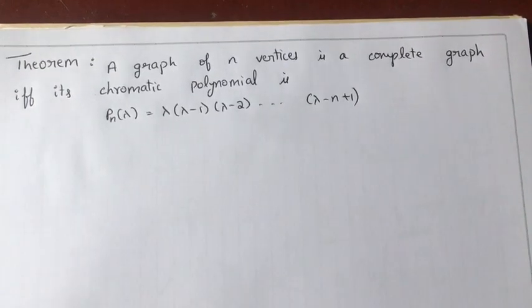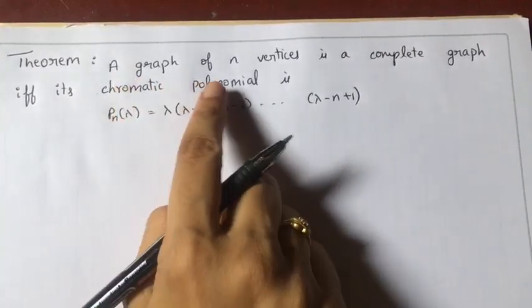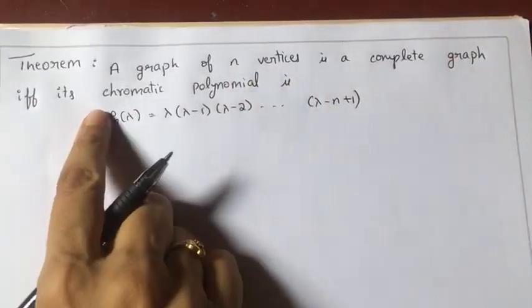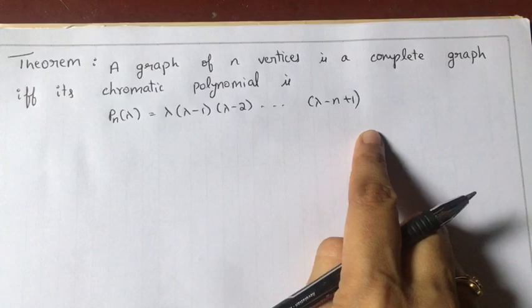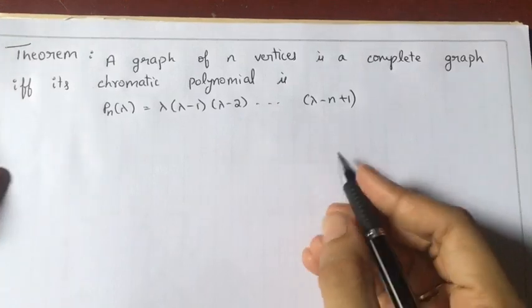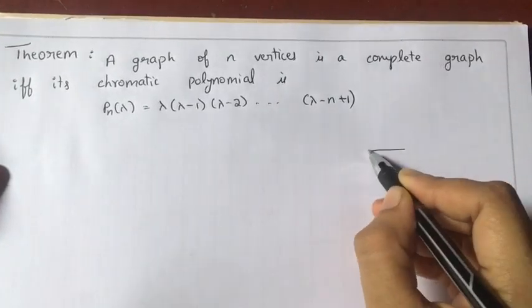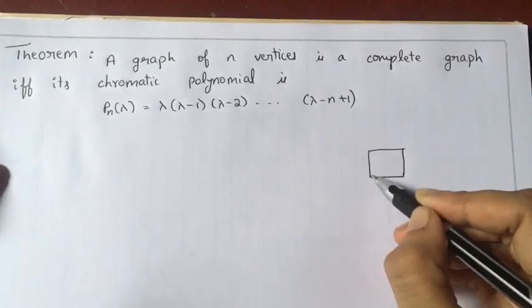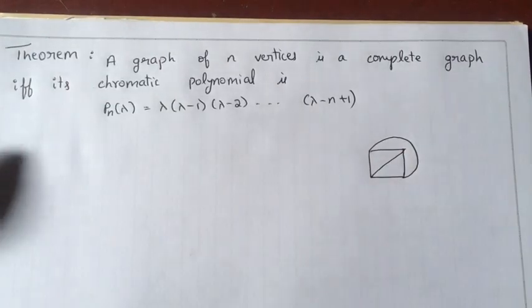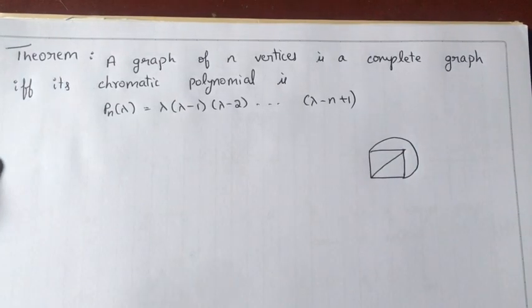So now the theorem says a graph of n vertices will be a complete graph if and only if its chromatic polynomial is like this. See, when I have a complete graph, I'll just explain this. This is the complete graph. I have lambda colors.